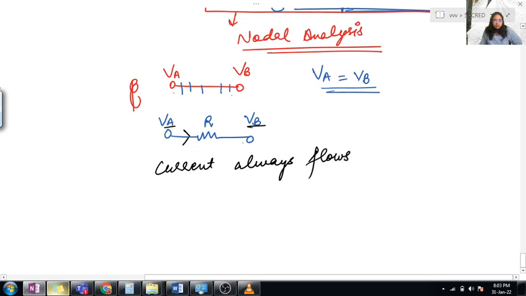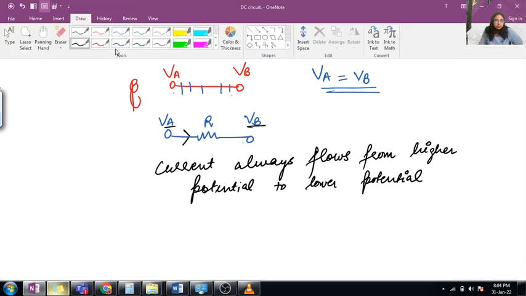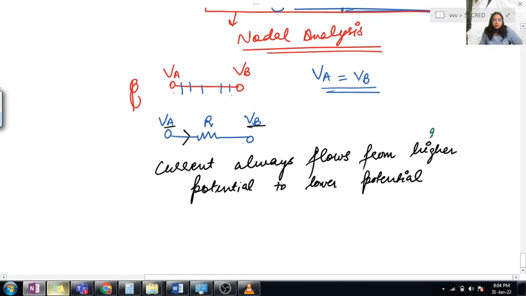Higher potential does not always mean it should be positive. It means, suppose this value is 220 volt and the lower potential is 200 volt. Higher potential is denoted by the positive sign and lower potential by the negative sign.